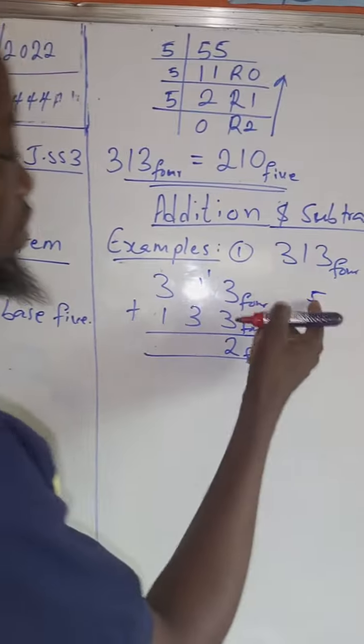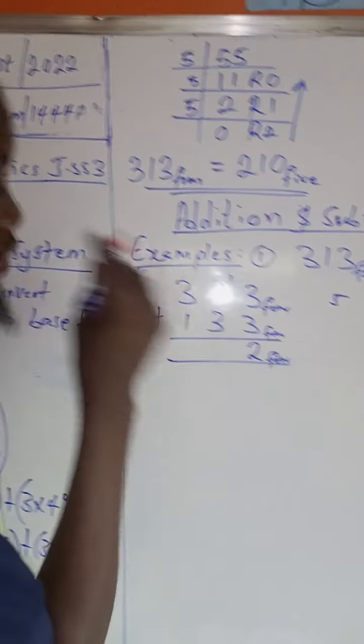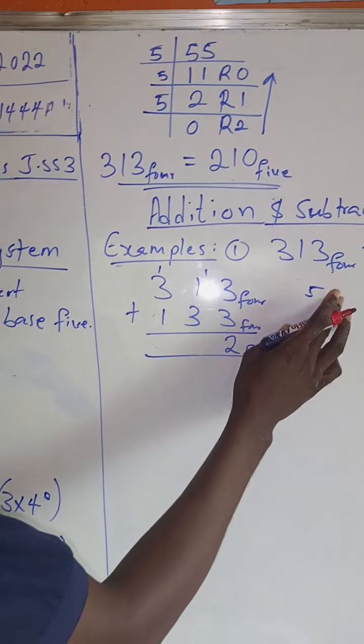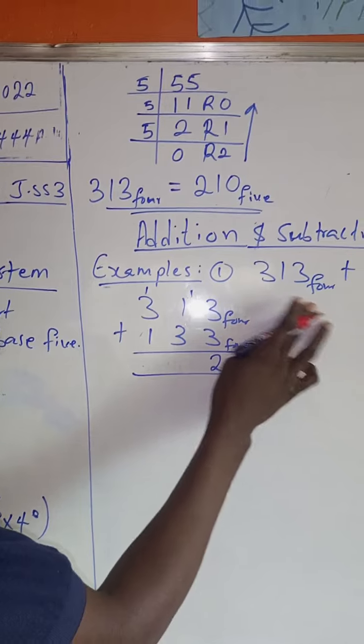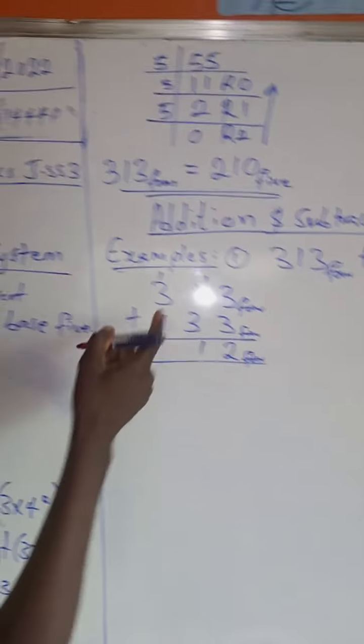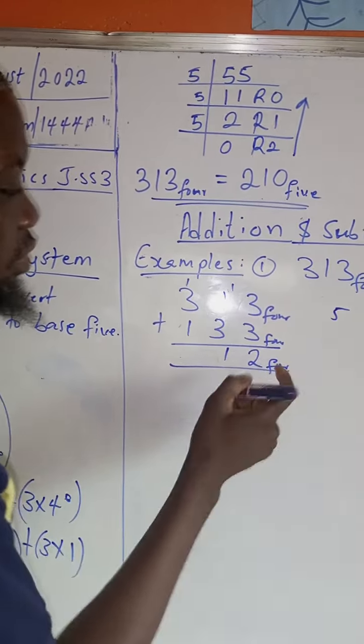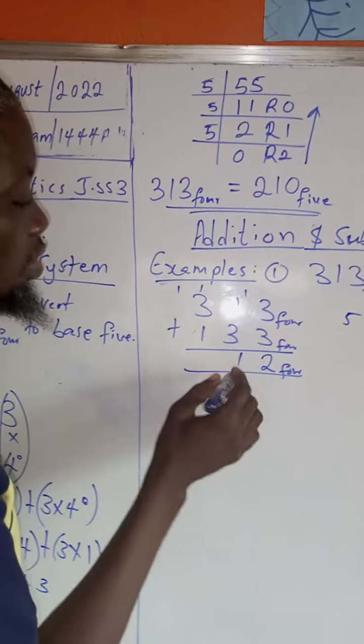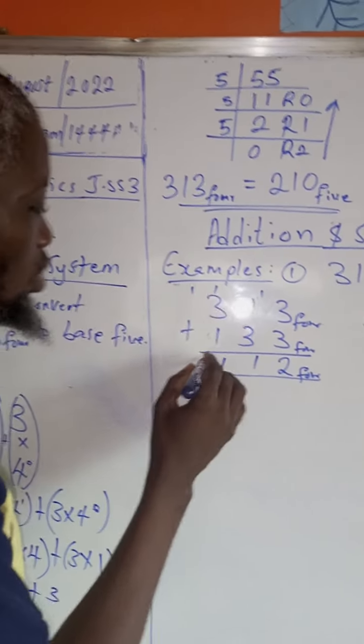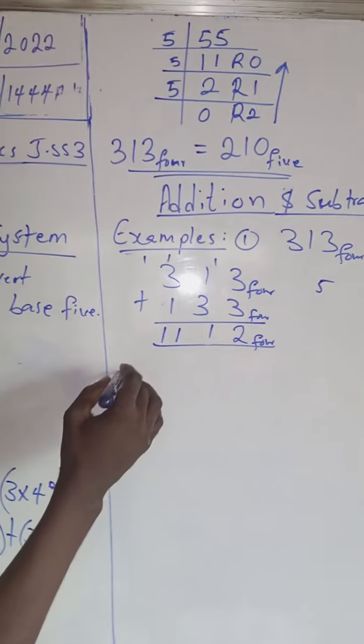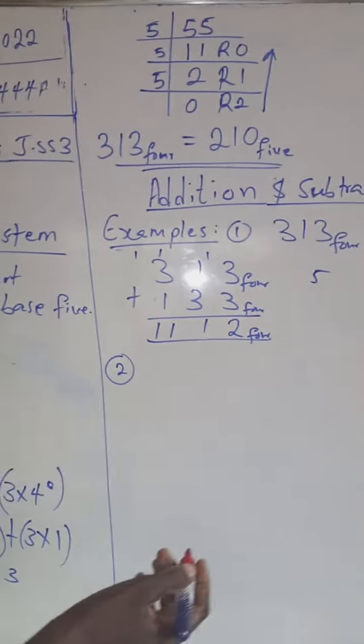So 4 in 5 is 1, remainder 1. So this one too will give me 5. 4 in 5, 1, remainder 1, and the last one we write like this. So that's our answer.